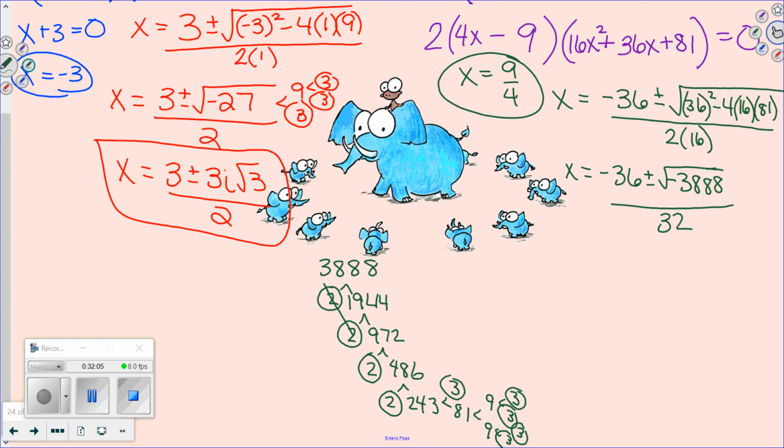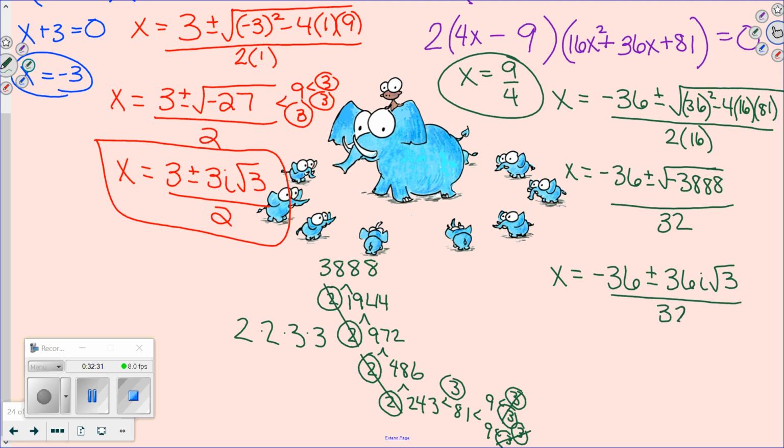So, pair of 2s, pair of 2s, pair of 3s, pair of 3s, and a radical 3. So 2 times 2 times 3 times 3 is 36. So x equals negative 36 plus or minus 36i radical 3 over 32.